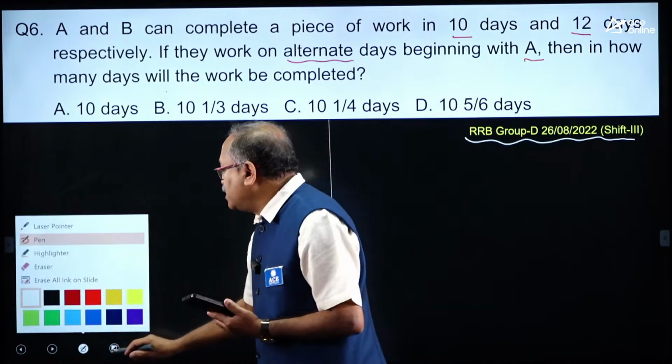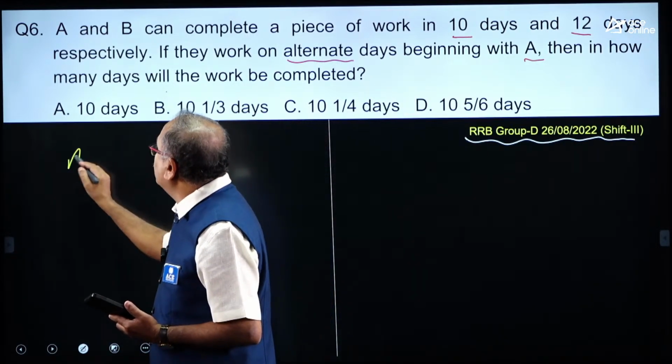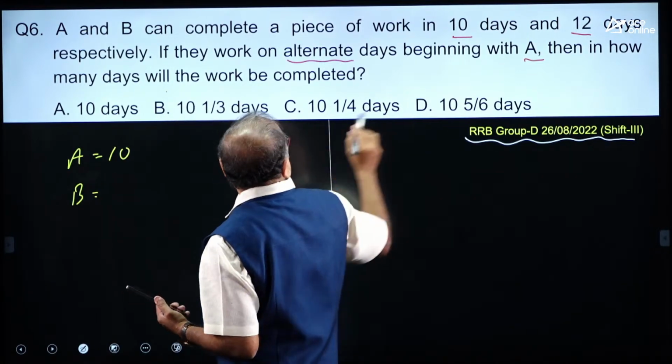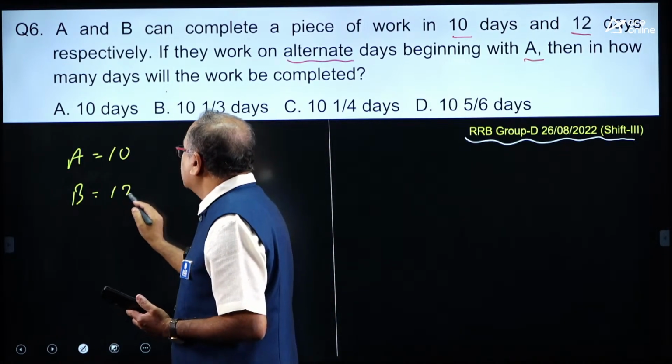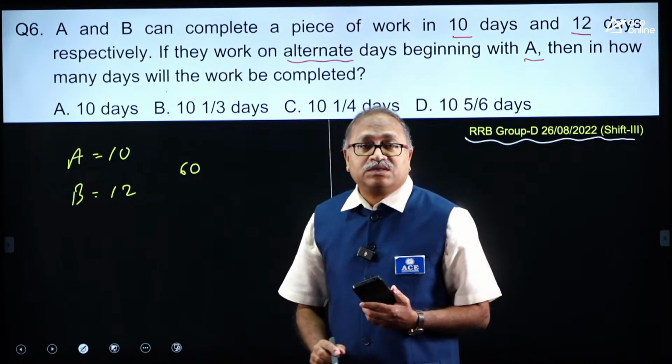Okay. The general method people will use is: A can do the work in 10 days, B can do the work in 12 days. So the LCM of 10 and 12 is 60.